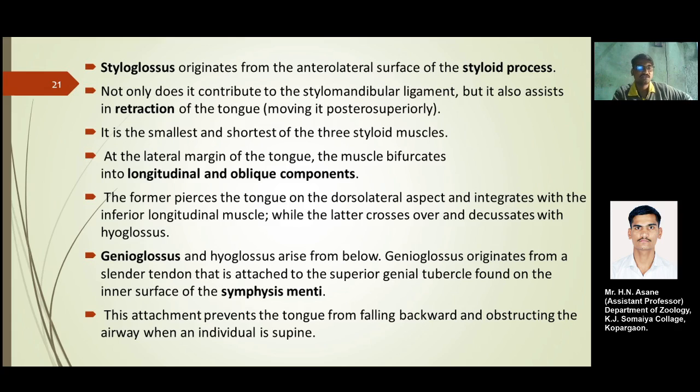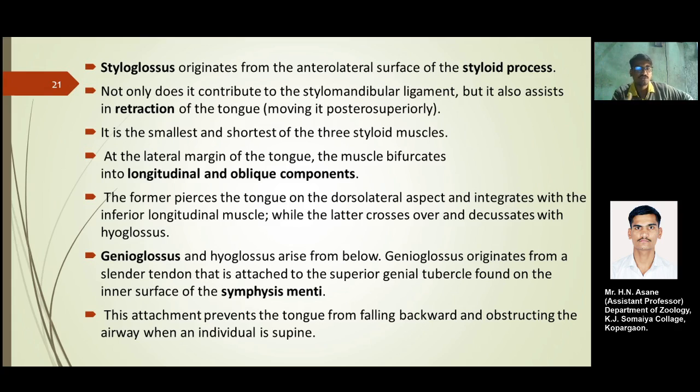Then the genioglossus arises from below. It originates from a tendon that attaches to the superior genial tubercle, found on the inner surface of the symphysis menti.